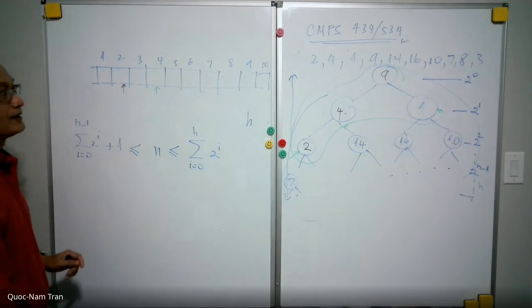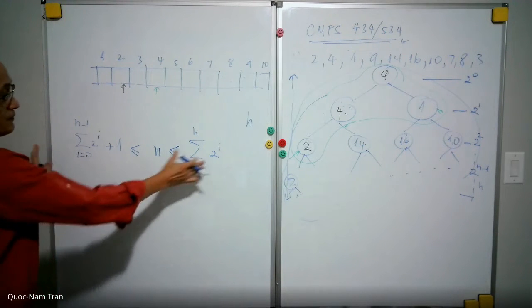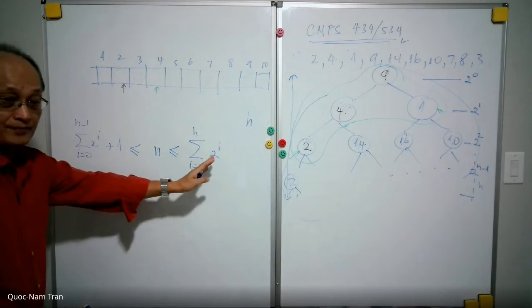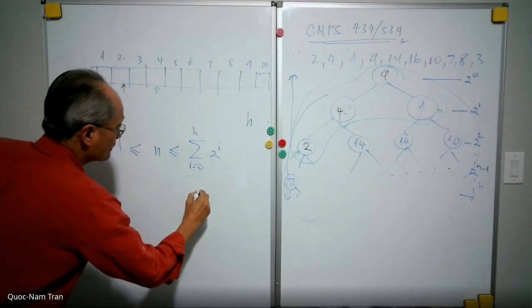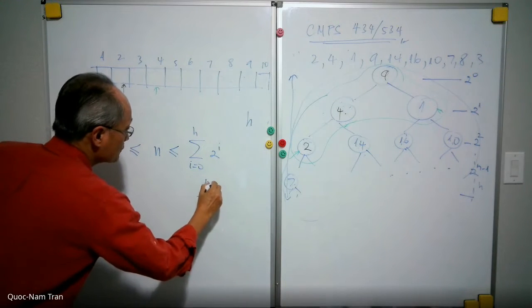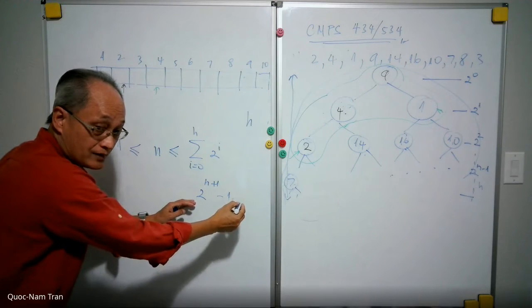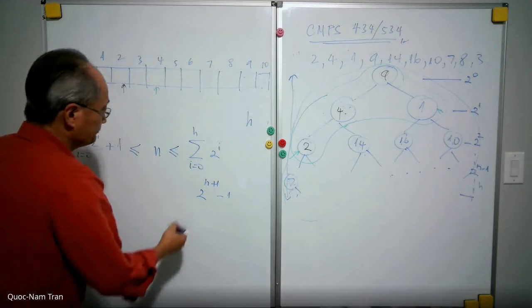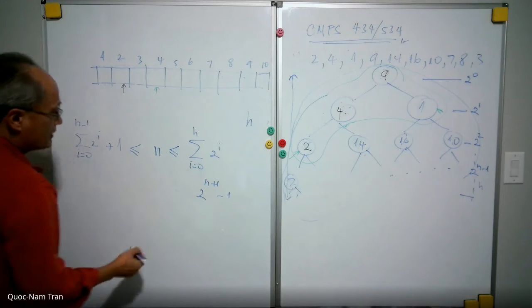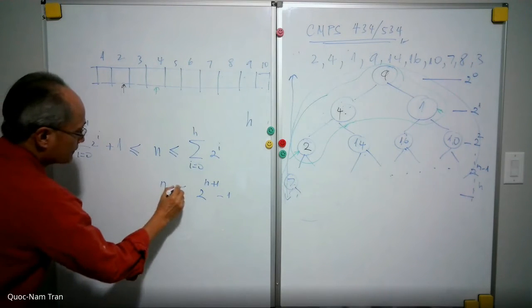From here, we already know the sum. This one is 2 to the power h plus 1 minus 1, divided by 2 minus 1, which is 1. This sum is equal to this.